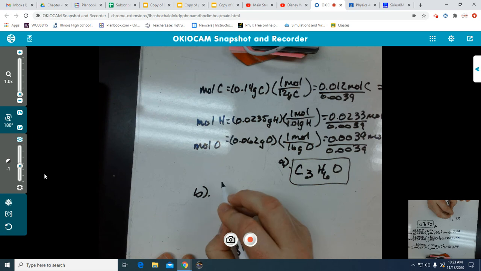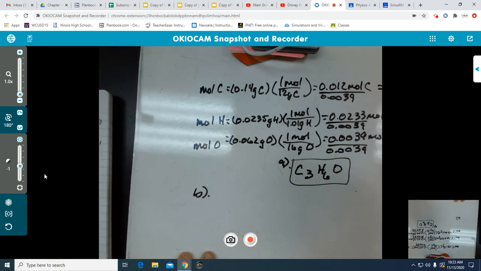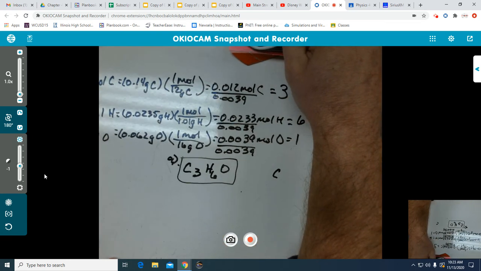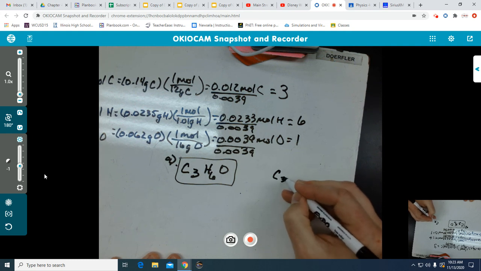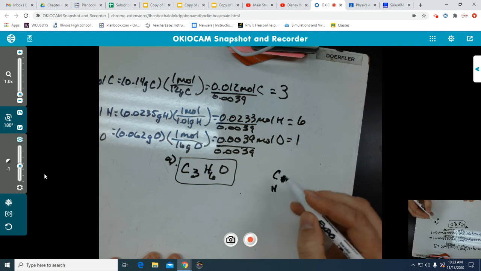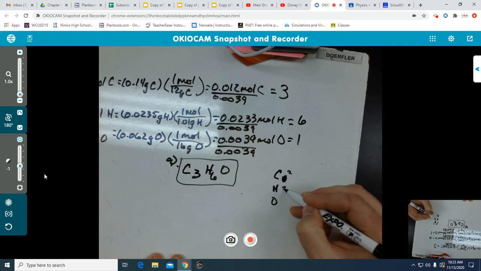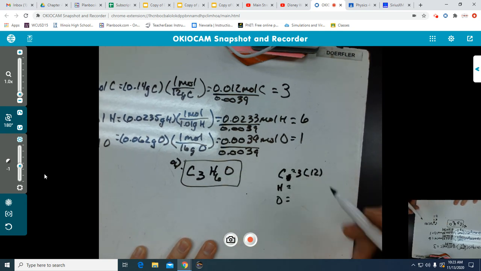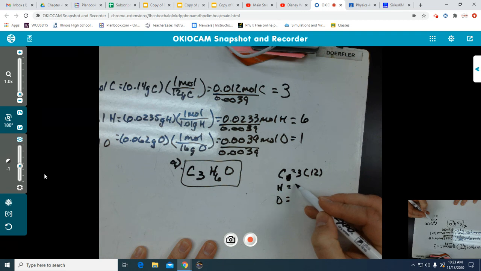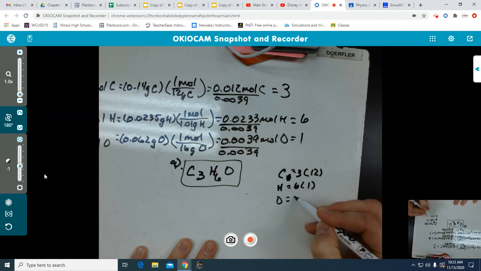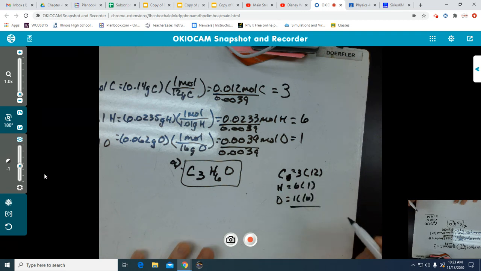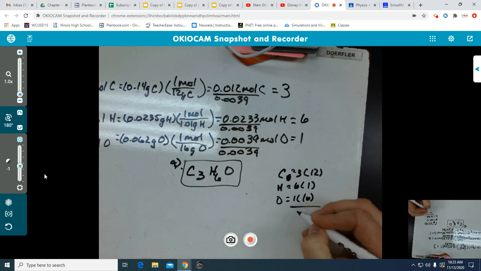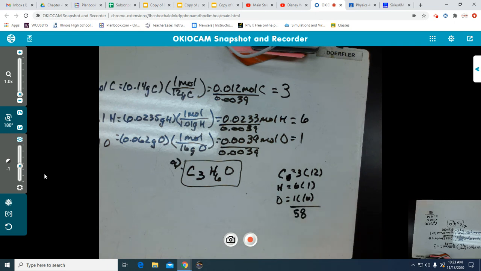So first off, we have to figure out the formula weight for the empirical formula. So we have 3 carbons, we have 6 hydrogens, and 1 oxygen. We sum those up, and we get 58.